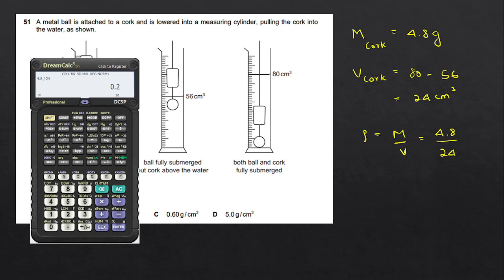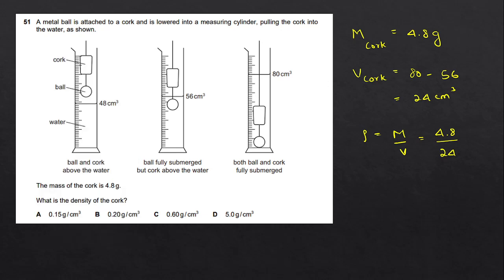That's 0.2. So the density of this object is 0.2 and the units are gram per cm cube. So the correct answer is option B, 0.20 grams per cm cube.